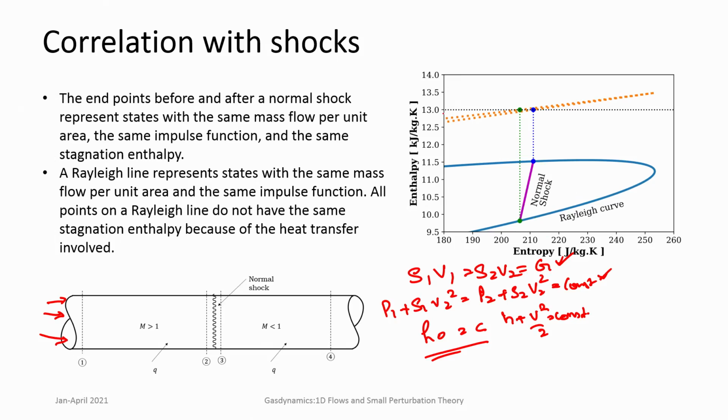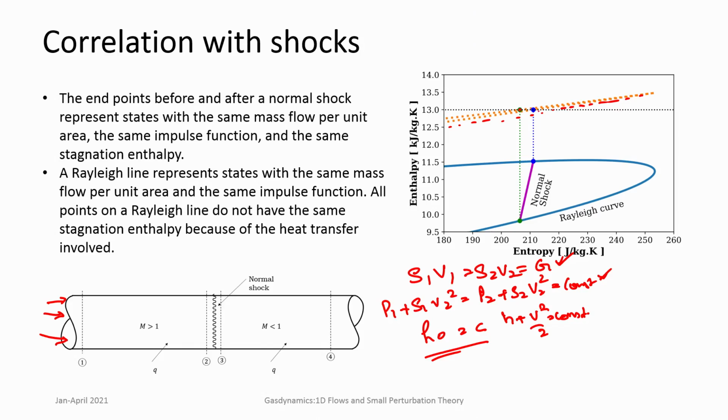Now, to locate a shock on a Rayleigh curve, one has to look at not just the static conditions but also the stagnation curves. Here you can see the stagnation curves. There is a lower branch and an upper branch. The scale makes them look almost similar, but they are slightly apart. What we do is draw a constant H curve, because that is what satisfies a shock, constant H. So, one constant H curve is drawn.